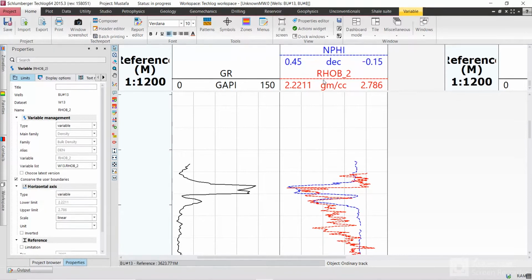And here we have to edit the limits too. 1.95 and the upper limit is 2.95.